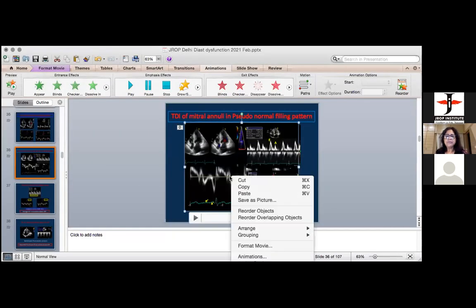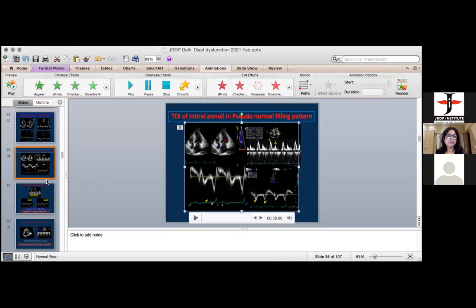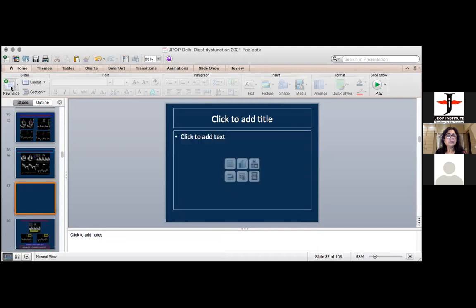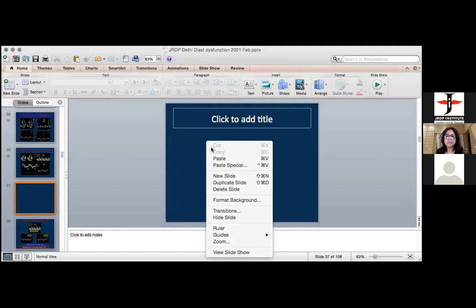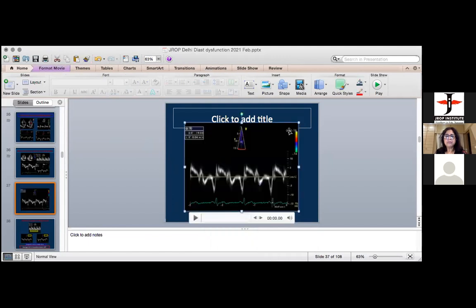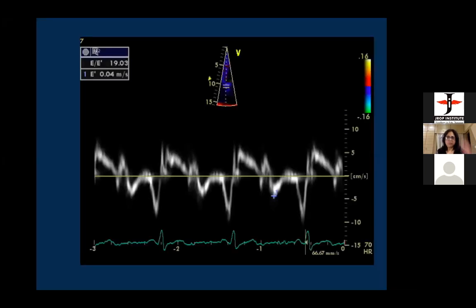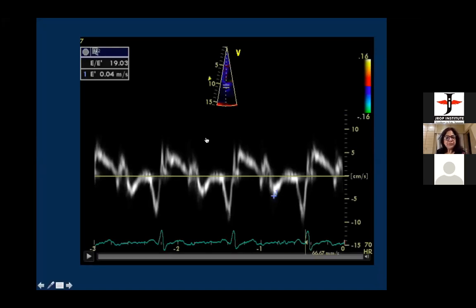This is reasonably good. It's excellent tracing. You can show the measurement of IVRT.